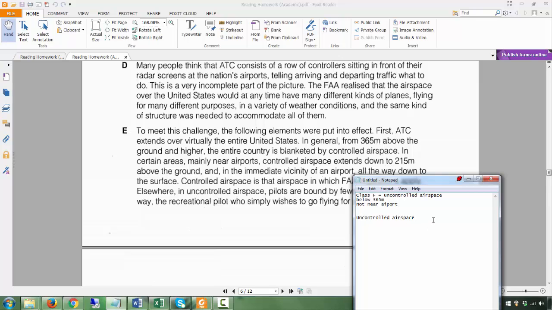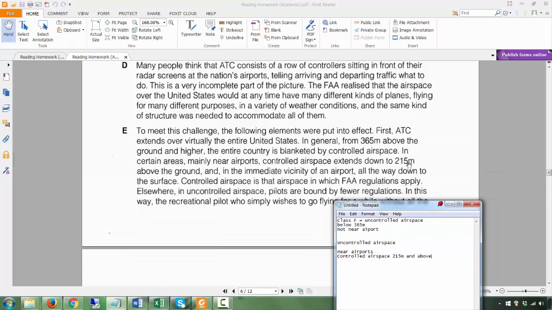So basically, it says here, near airports, controlled airspace 250 meters. Above, okay, 200 meters and above, right? This is for controlled airspace near airports, but here you're talking about not near airports.